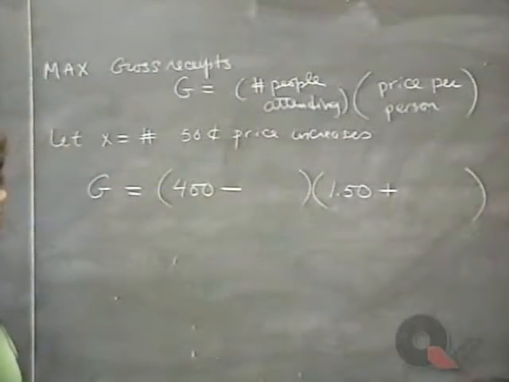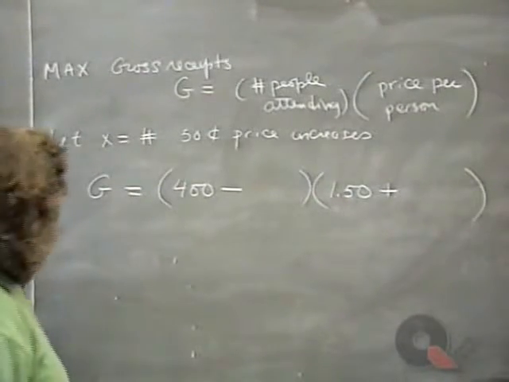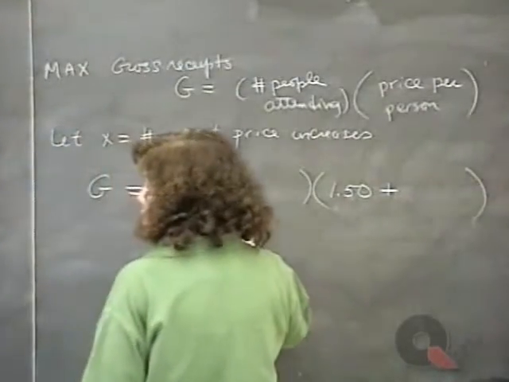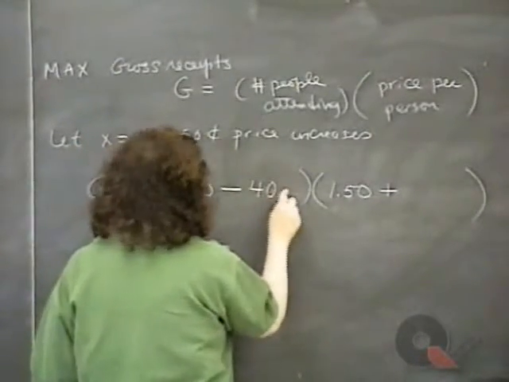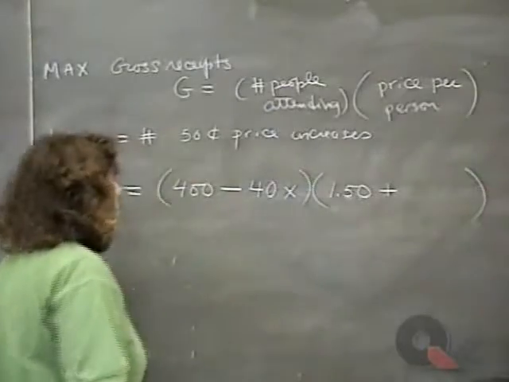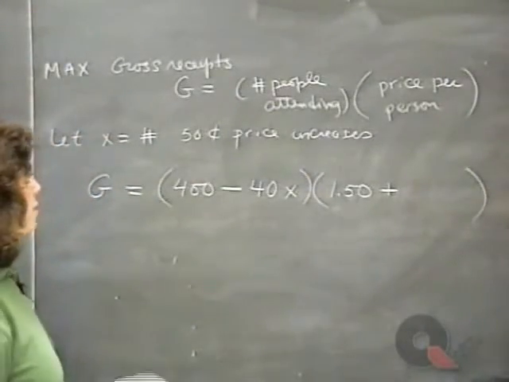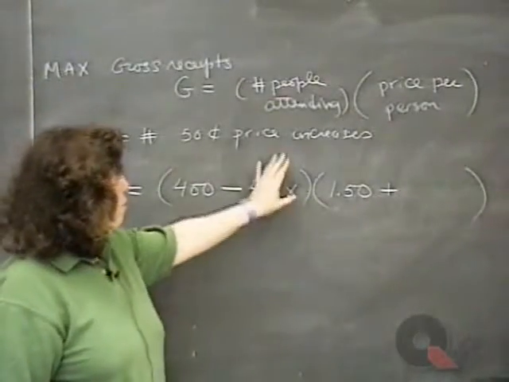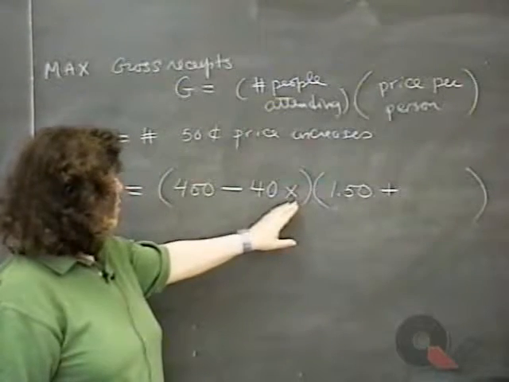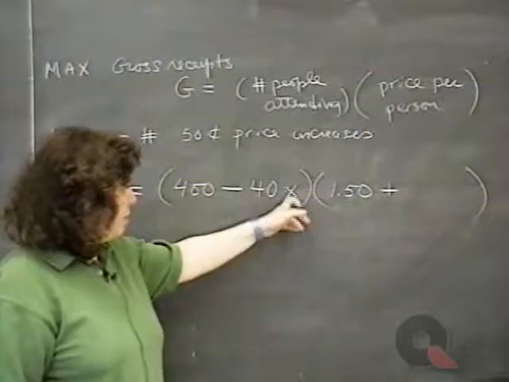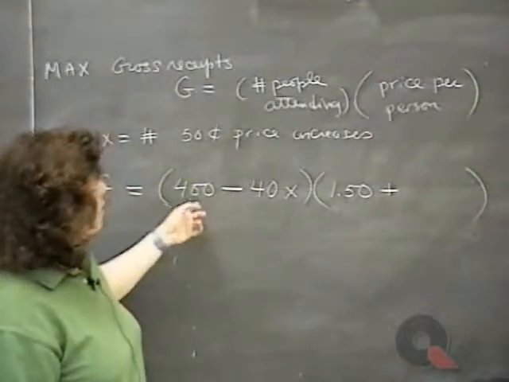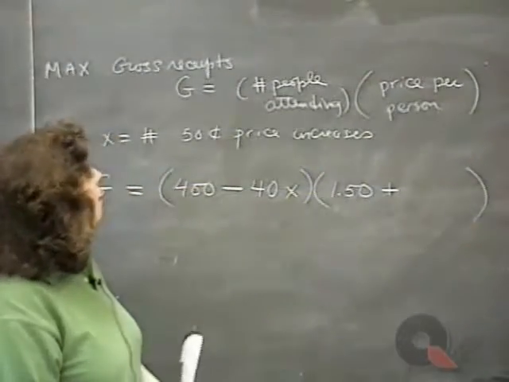If x is the number of price increases, and the attendance decreases by 40 for each price increase, then 400 minus 40x represents the number of people attending. For example, when x is 0, before you start to increase the price, 400 people come. After the first price increase, when x is 1, you're down to 360, and so on.